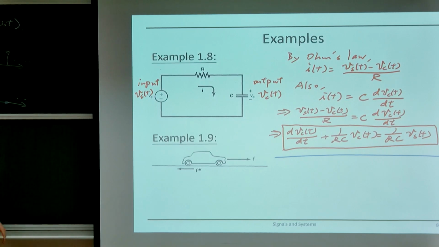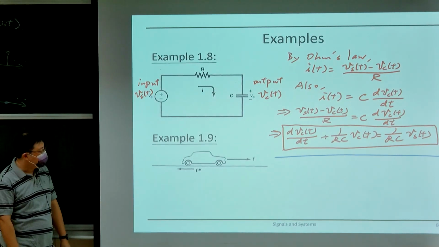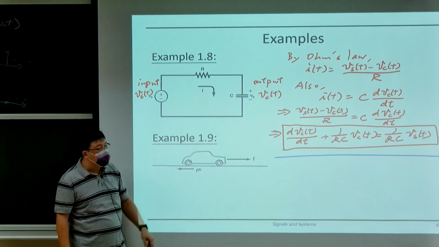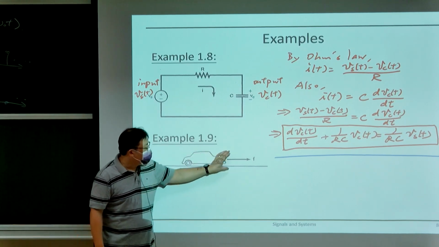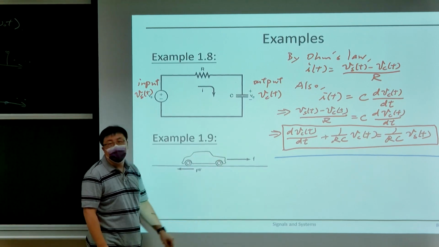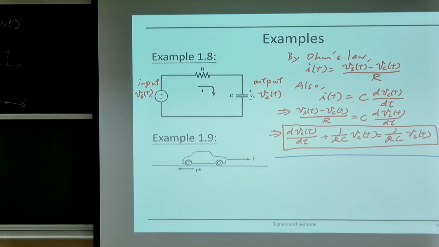Now, in this example on the bottom, we're looking at this vehicle traveling in this direction due to a force imposed on it. In this vehicle system, we define the input as the force that we impose on the vehicle.